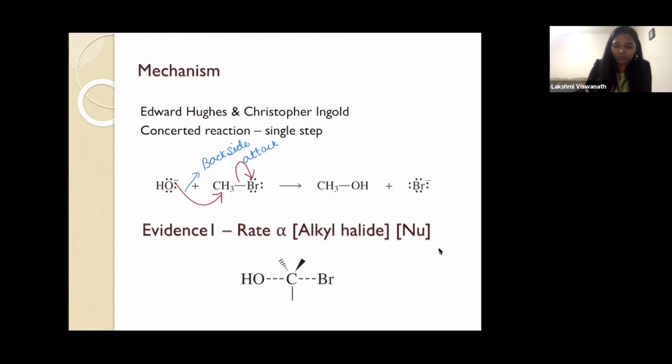And also remember, this bromine right here is an electronegative atom, and it is going to have a bunch of electrons around it. And the nucleophile, which is also going to have electrons around it, will definitely be repelled by the leaving group. And therefore, it's not going to go and attack on the front side.